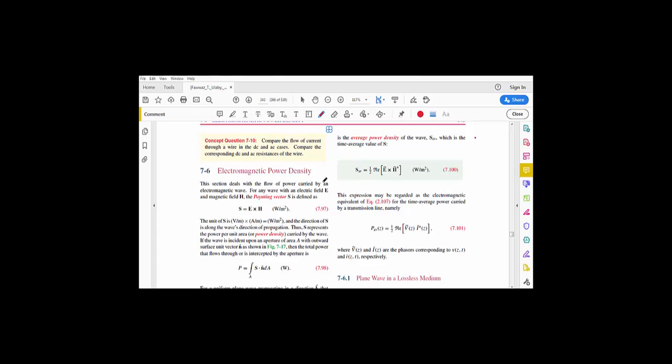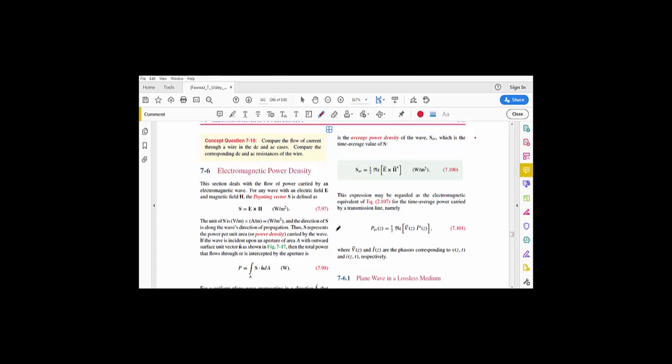So now we are talking about an electromagnetic wave propagating in a certain medium, and this medium is unbounded. For this wave, it's too hard to calculate the total power, because we know that in an unbounded medium the power travels in all directions.